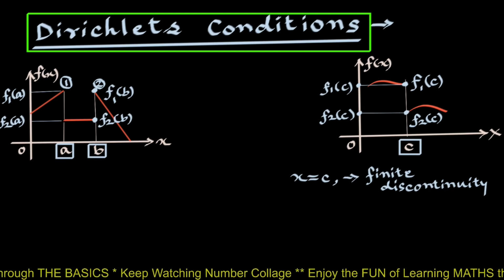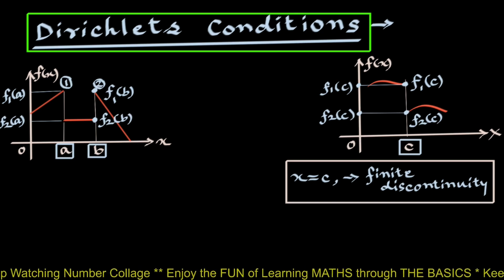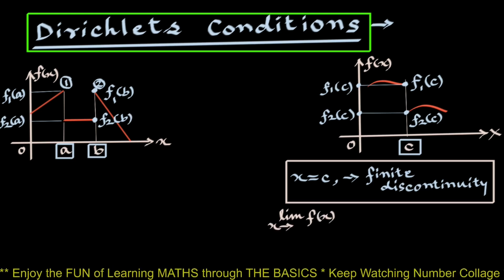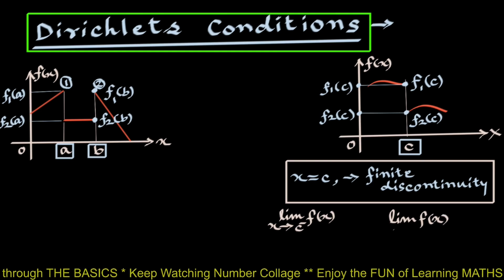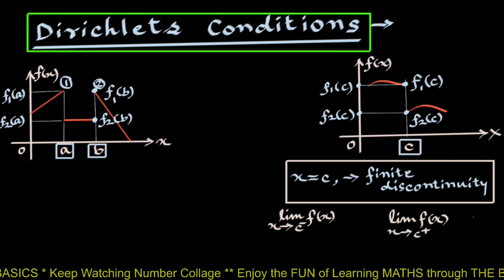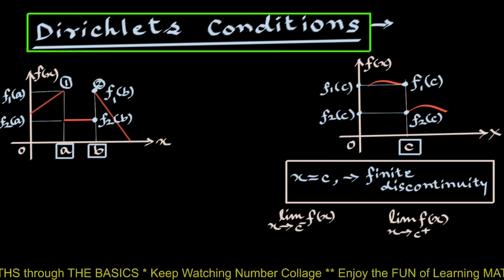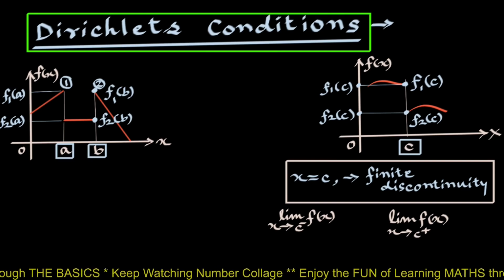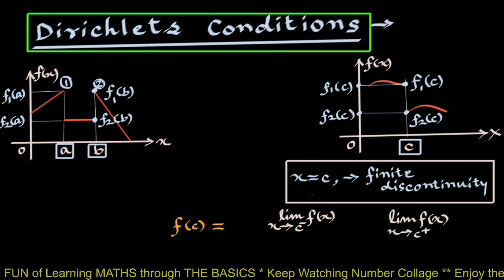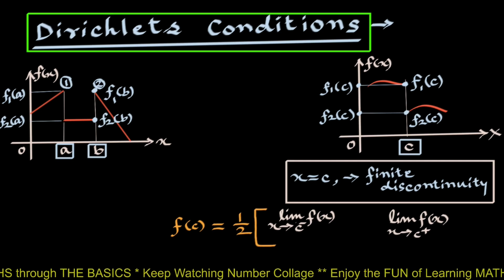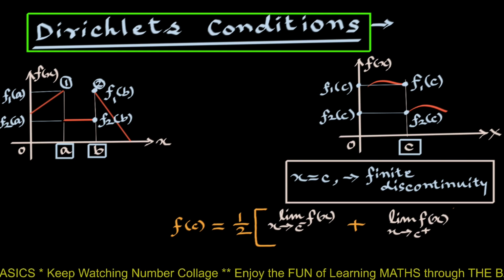When we say that x equals c is a point of finite discontinuity, both the limits of f(x), limit f(x) as x tends to c minus, that is the left hand limit, and limit f(x) as x tends to c plus, that is the right hand limit, both exist at such a point. Fourier series gives the value of f(x) at x equals c, that is f of c, equals the arithmetic mean of these two limits, that is half times limit f(x) as x tends to c minus plus limit f(x) as x tends to c plus.